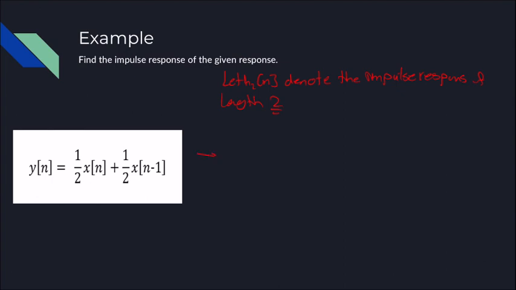We can see here that by doing this, we can express h2 of n as the system response to the unit impulse, and we can equate this to this signal right here, and that's how we can get the impulse response a lot more easily.